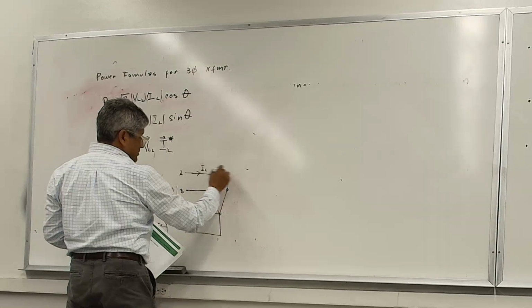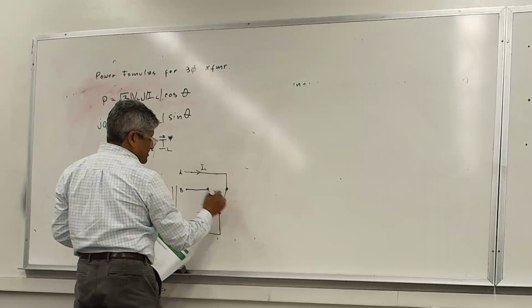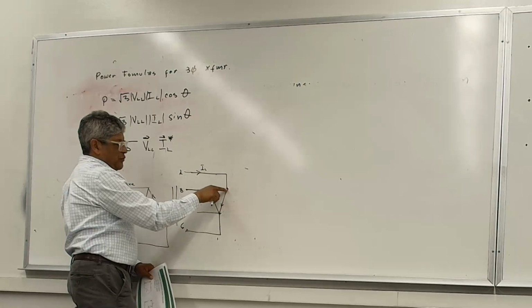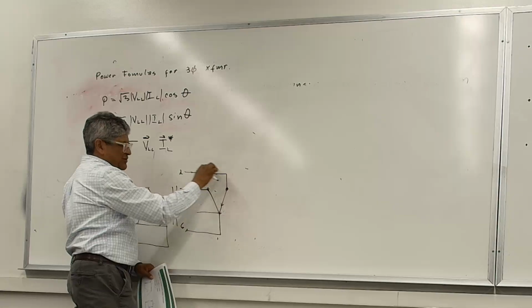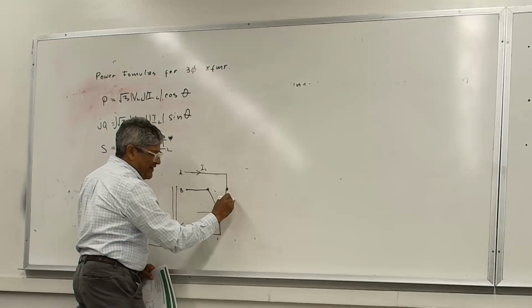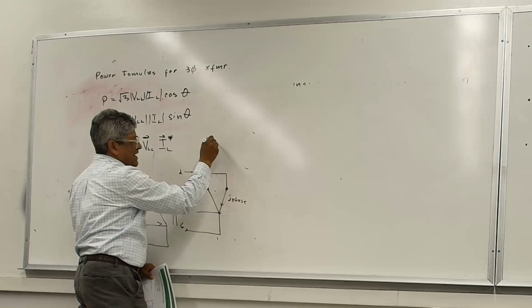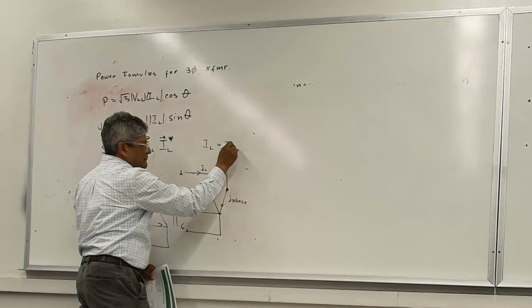The I line is the only thing you have here. So in some cases, you might see it when they tell you, oh, this is the I line to the point where the transformer winding is connected. And then right after that, even though it's the same current, they might call it I phase. So in a Y configuration, you can say that I line is equal to I phase.